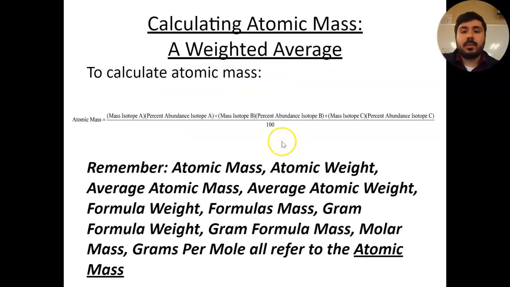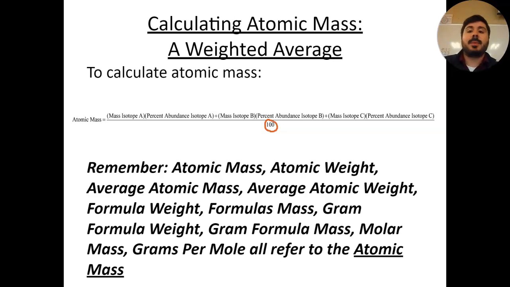And we come up with this weighted average by calculating atomic mass using this formula here. Atomic mass equals the mass of isotope A multiplied by the percentage of isotope A, plus the mass of the second isotope, B, multiplied by the percentage of isotope B, plus the mass of the third isotope, C, multiplied by the percentage of isotope C. And then to cap it all off, more importantly, you divide it by 100.